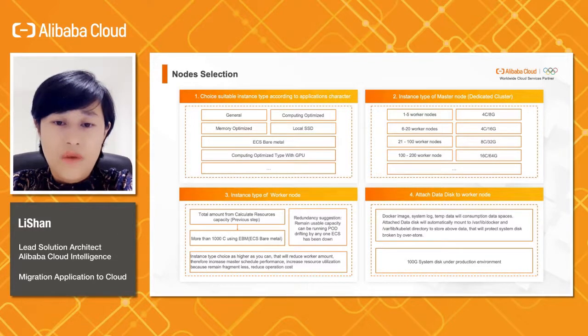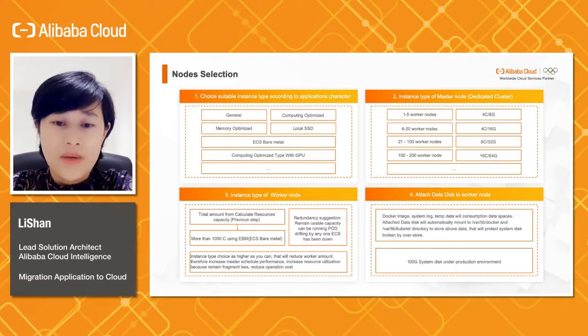For worker nodes, we can use the previously mentioned method to calculate the capacity. Do you remember, from stress testing we get the consistent capacity, plus how many microservices we have? So if the calculated capacity is more than 1,000 core, we suggest using EBM or ECS experimental as worker nodes.